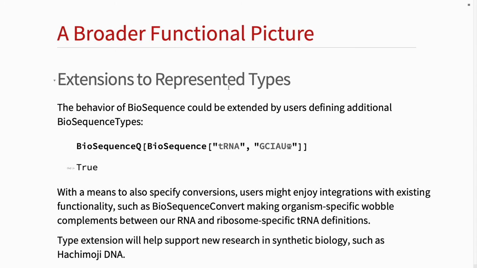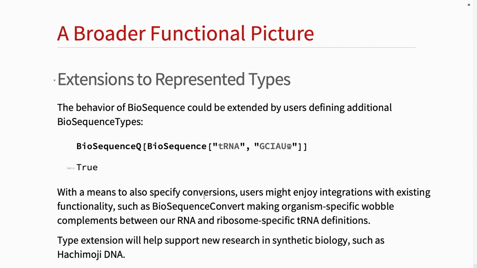So one common problem is that you'll be interested in having built-in support for a type that we haven't provided, such as if you have some archaeal transfer RNA, or Hachimoji DNA, or some new synthetic alphabet that you'd like supported as though it's first class.